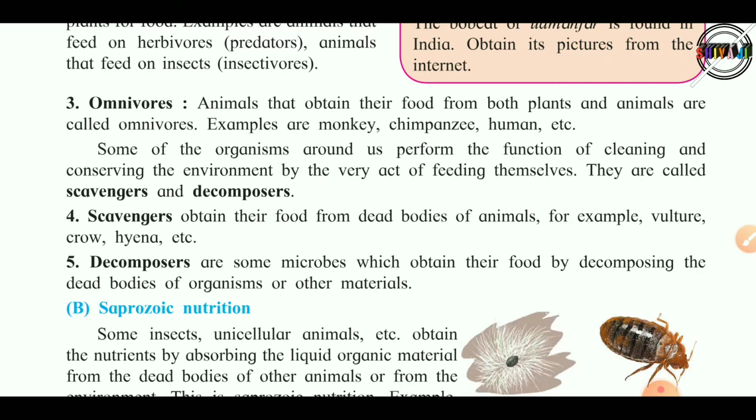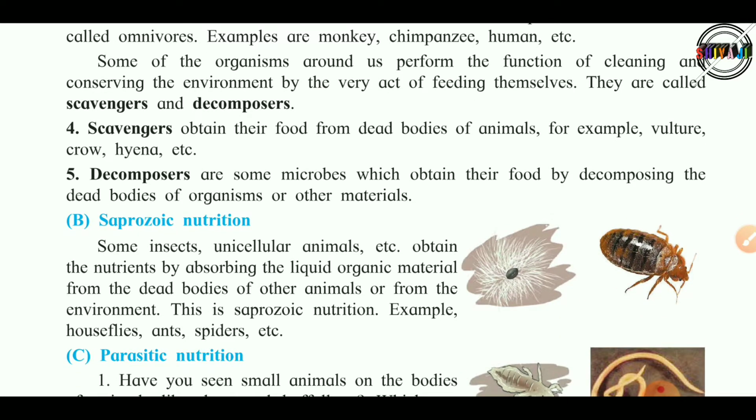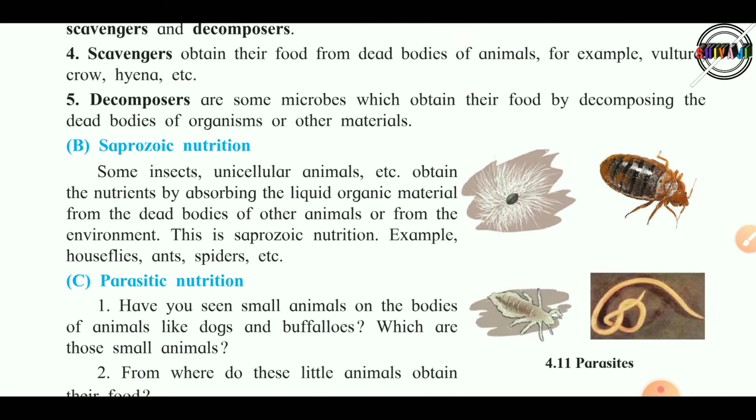They just get the food from dead bodies of animals, and they clean the environment and conserve our environment. And decomposers are some microbes which obtain their food by decomposing the dead bodies of organisms and other materials.